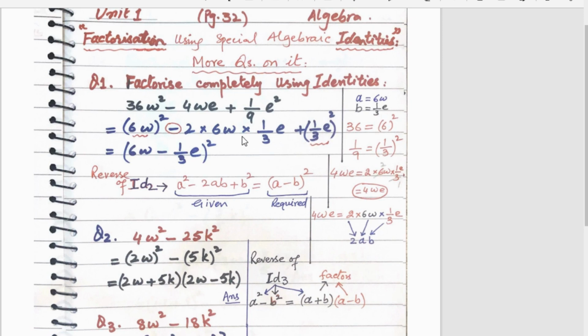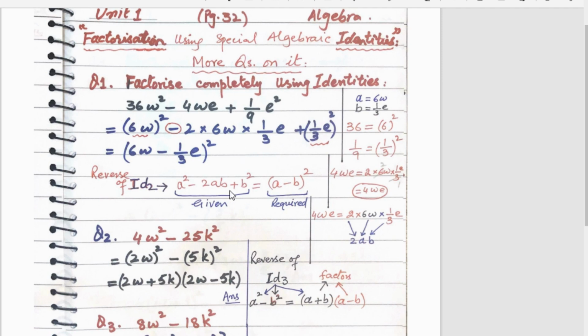This way we complete the central term, or write the central term in the form of 2ab. Now this whole expression is ready to be factorized with the help of an ID.